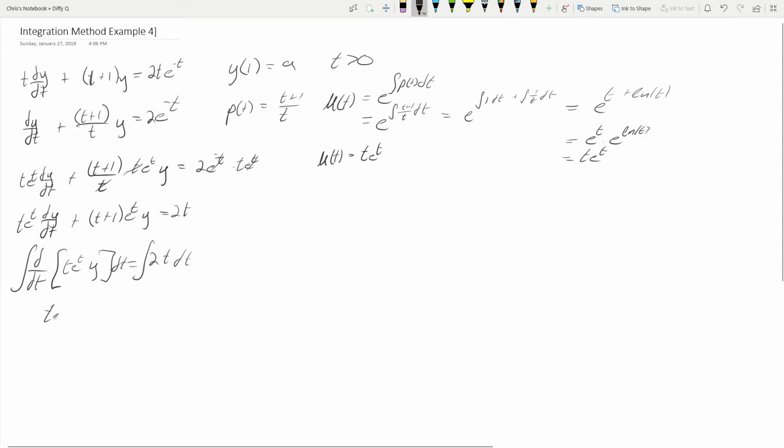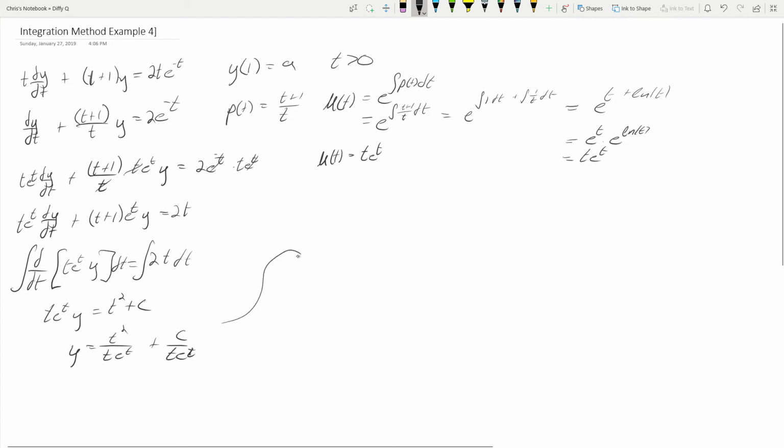And that's going to give us t e to the t y is equal to t squared plus c. And then we're going to get y by itself, so y is equal to t squared over t e to the t plus c over t e to the t.